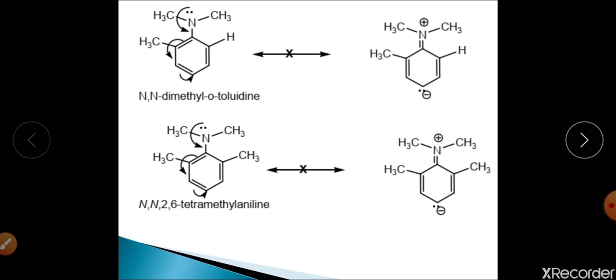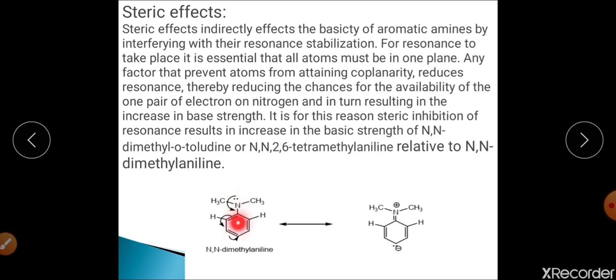We know that the lone pair of electrons on this nitrogen is delocalized over this benzene ring, because the symmetry of the orbitals will allow its delocalization.